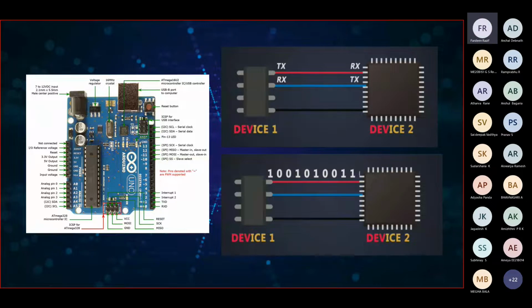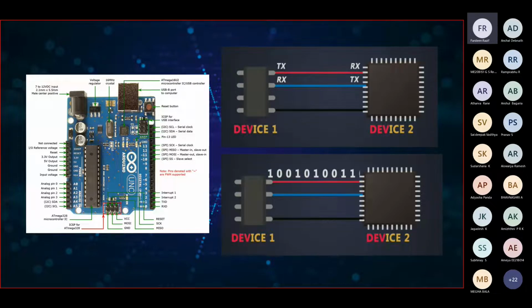And on the top right, you can see the same thing. While connecting the two devices, the TX of one device must be connected to the RX of the other device, and similarly for the second blue line as well.